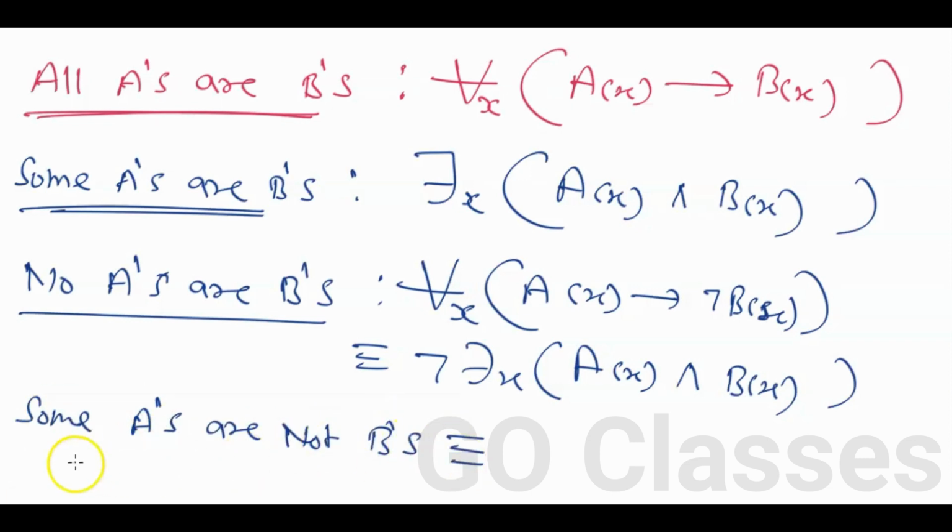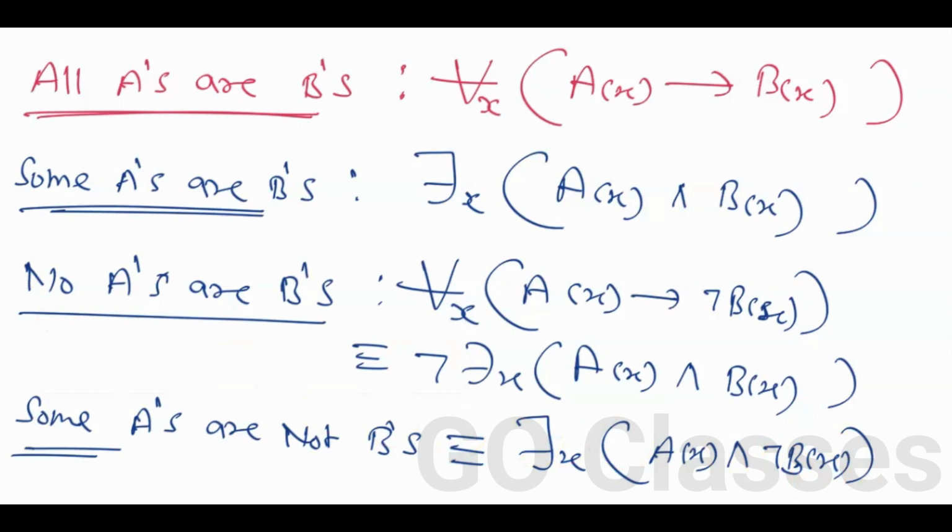It means there is at least one A which is not B. There exists X which is A but not B. So I hope all these points are clear, and the proof should be understood.